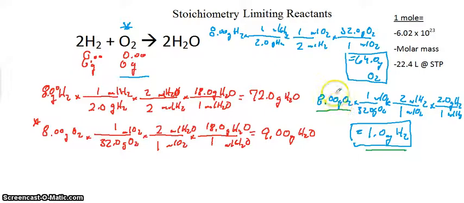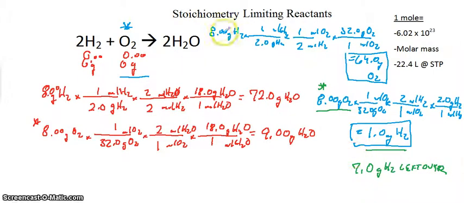So then what you would say is the oxygen is your limiting reactant, because you can react all of it, and you'd say the hydrogen you have in excess. How much will you have left over? The answer to that question would be that you'd have 7 grams of H2 left over. And that would be just kind of excess material that would actually not react in this particular case.